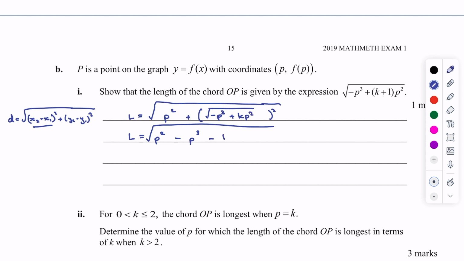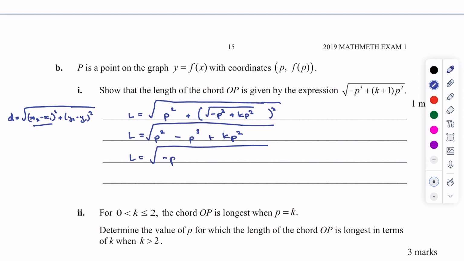Squaring gets rid of the square root. Therefore, L equals the square root of minus p cubed, then I can have a look at this common factor, p squared, and that gives me k plus 1 times p squared. And this is the term that we've been looking for. So that's the length of it.